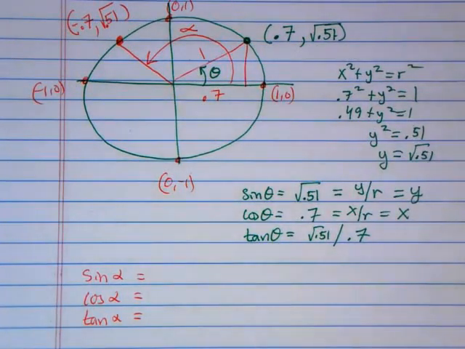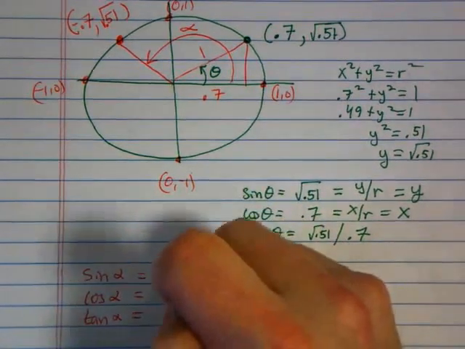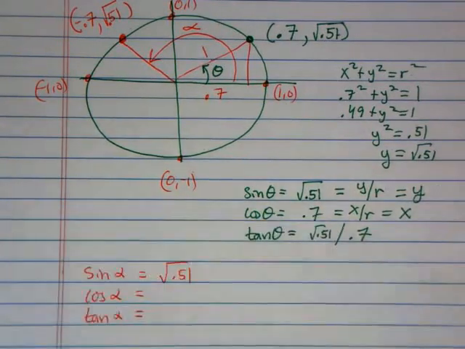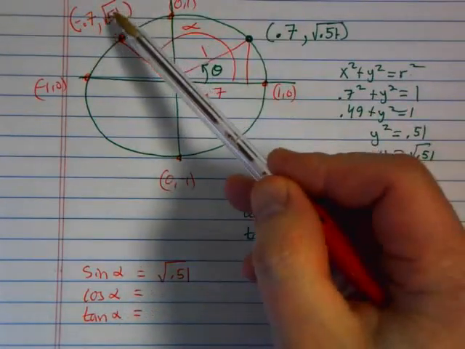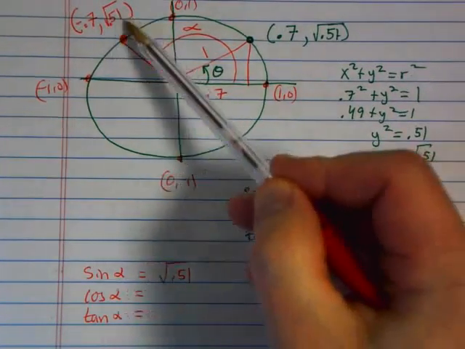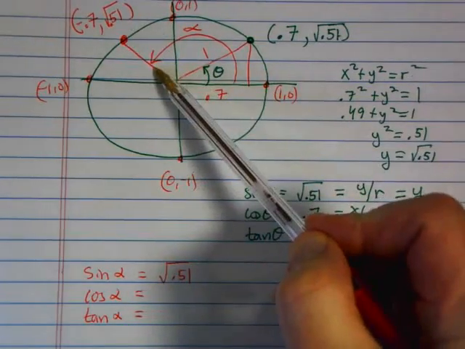What's the sine of alpha? Square root of 0.51? How come? It would still be opposite over hypotenuse, or it would be y over r. Y is square root of 0.51, r is 1.